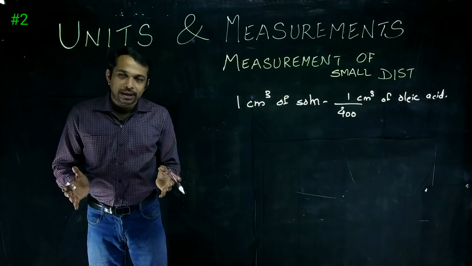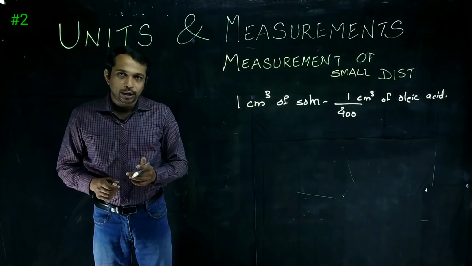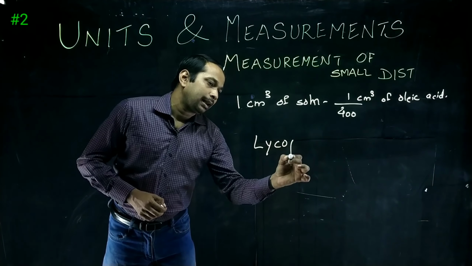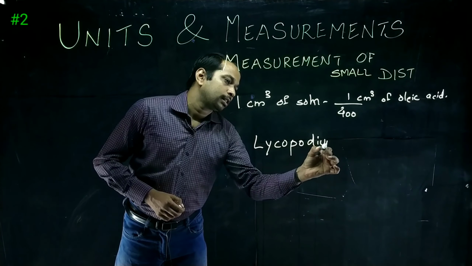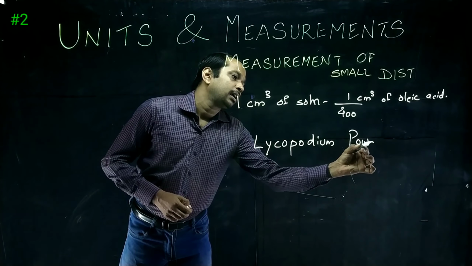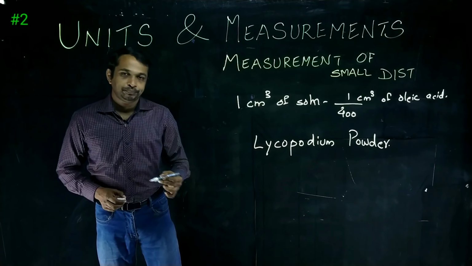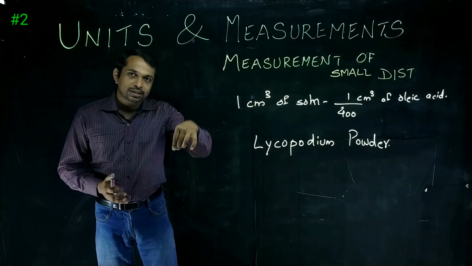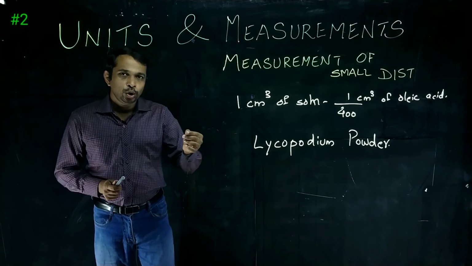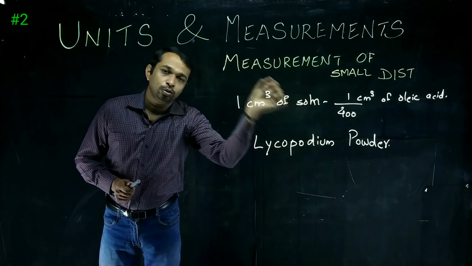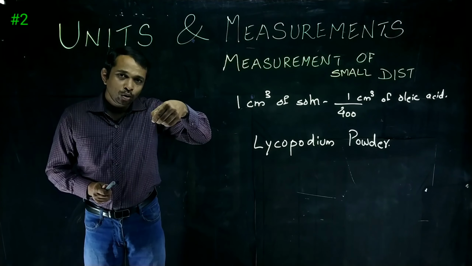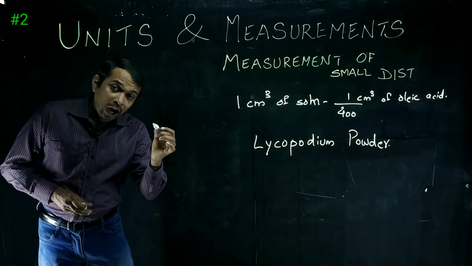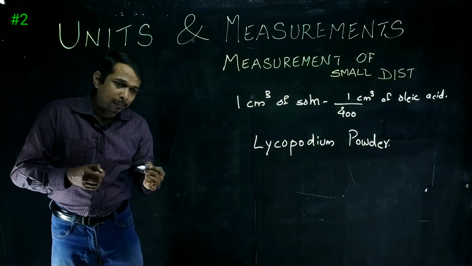Now you take a beaker, pour water into it and put in a powder, and the name of that powder is lycopodium powder. You put some amount of that powder in that beaker which has water. Now you take 1 drop of this solution, and you know the volume of that 1 drop. Now how much oleic acid will that drop contain?